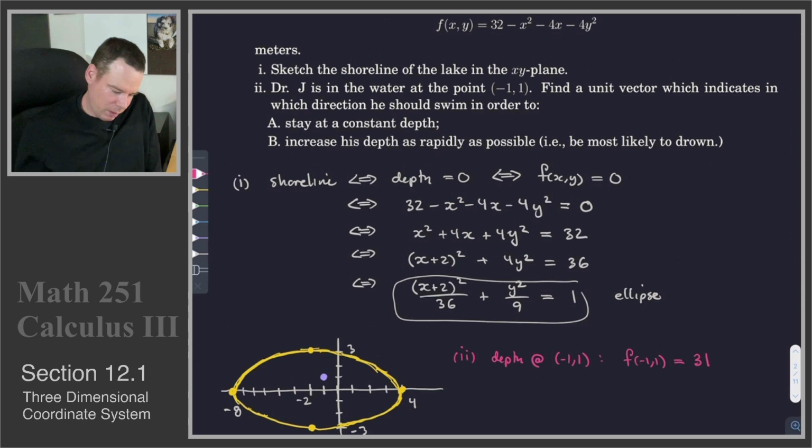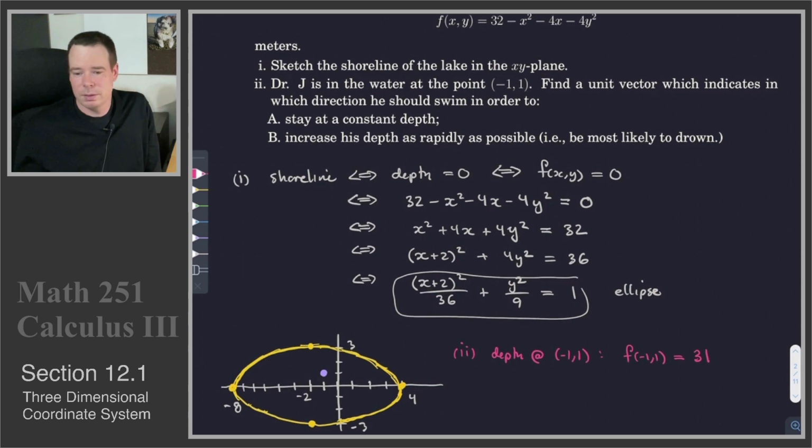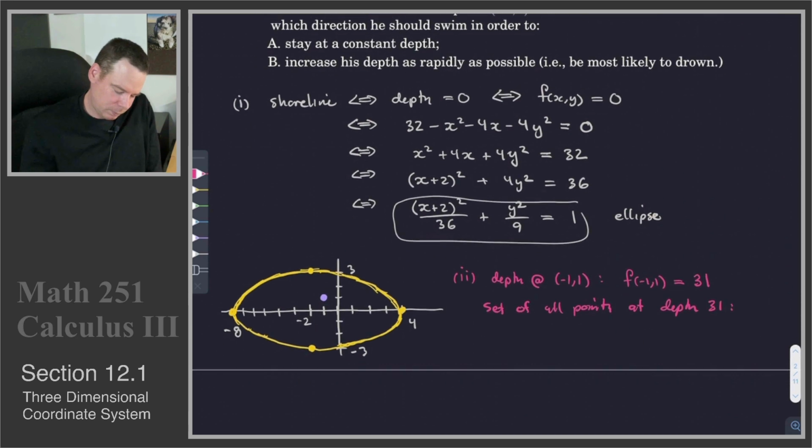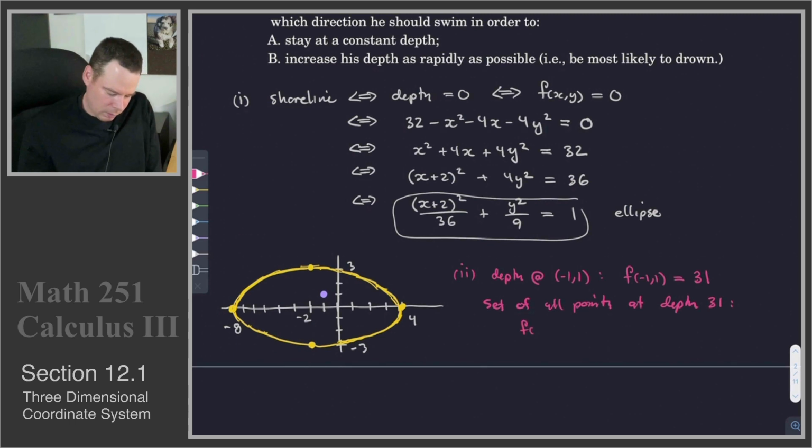And then we could say, okay, what is the set of all points that have depth 31? Well, that would be the set of all points (x, y) where f(x, y) is equal to 31.